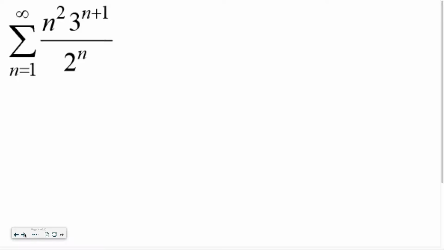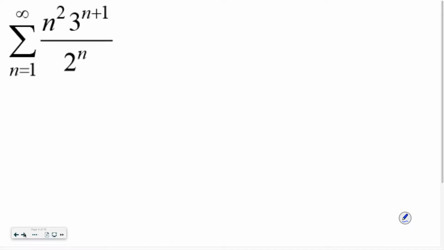We can't have anything else along with it. So, like I said before, when we have a few different types of series clumped together into one, that's when I would use the ratio test. I see something polynomial and something exponential.